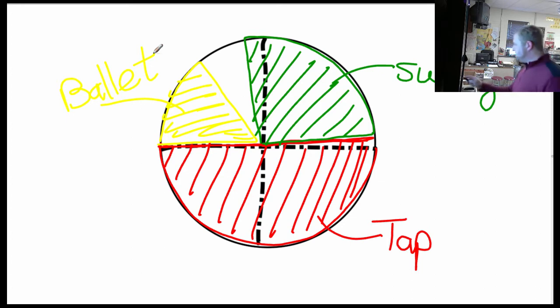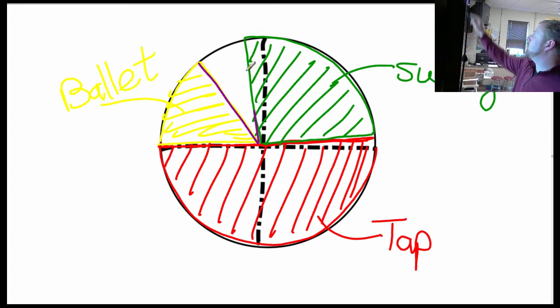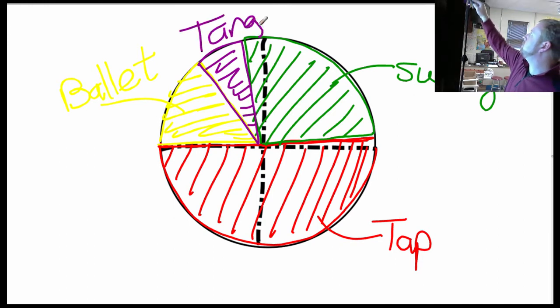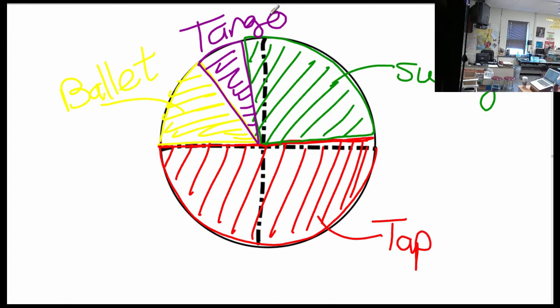And then that leaves us with the tango. Okay, so that's what you would do. You would find the total, find the percent, then do your best to estimate their locations on a pie chart. Okay? That's what you would try to do. Does this make sense?